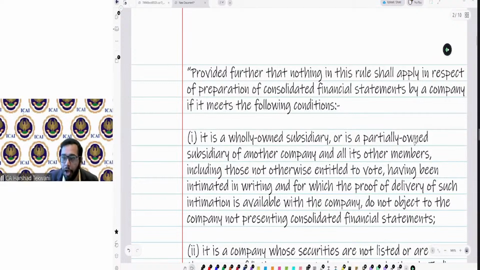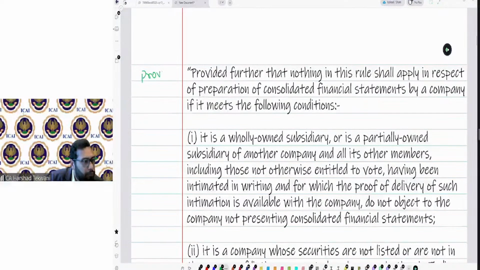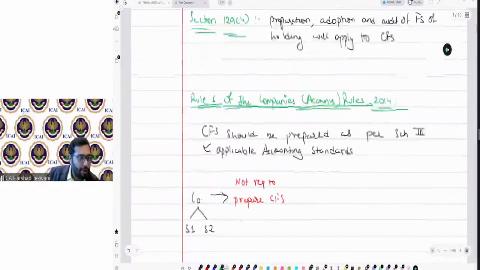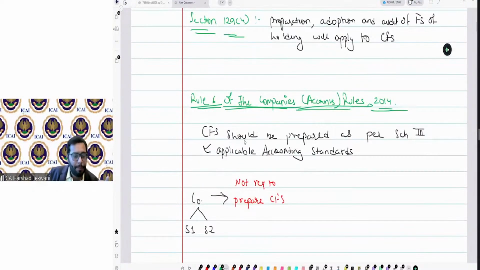And this is a proviso to Rule 6. Remember, Rule 6 was saying to prepare CFS as per Schedule 3 and applicable accounting standards.